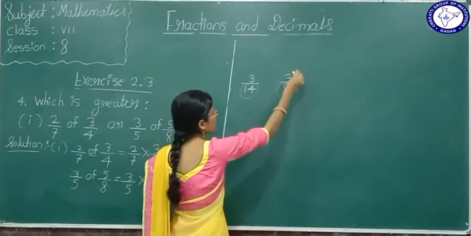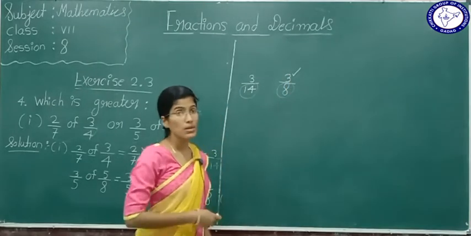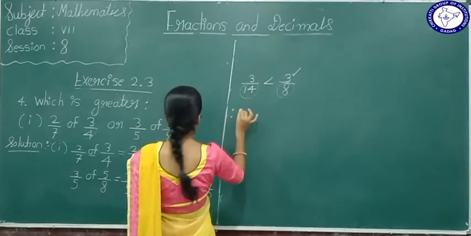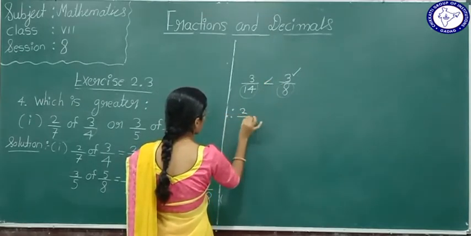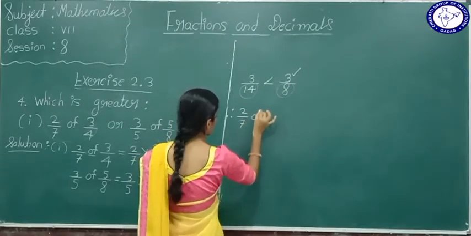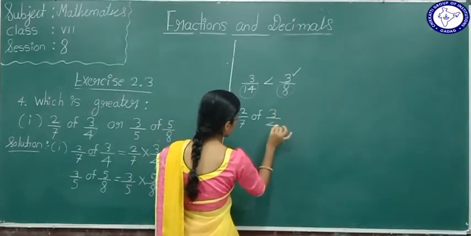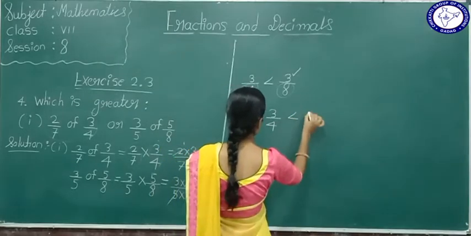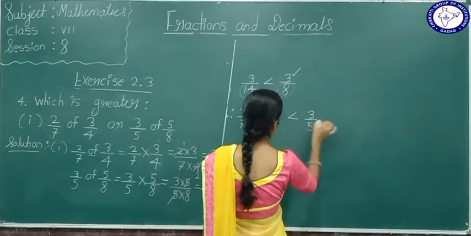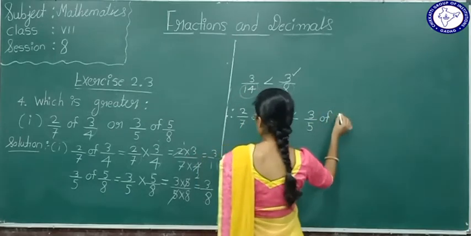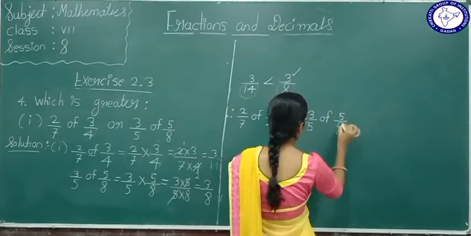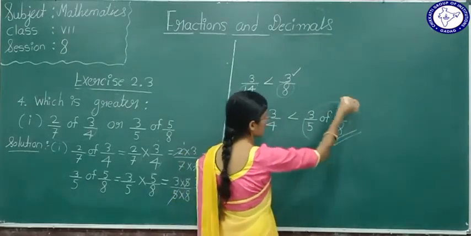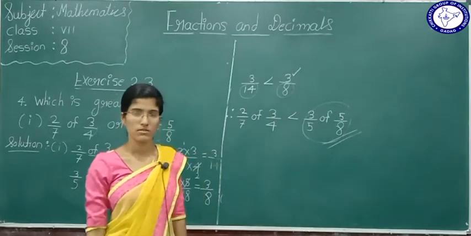So definitely this fraction is the bigger fraction, okay. So therefore what we can tell is that 2 by 7 of 3 by 4, okay, is less than 3 by 5 of 5 by 8. So which is greater? This fraction is the greater fraction, okay.